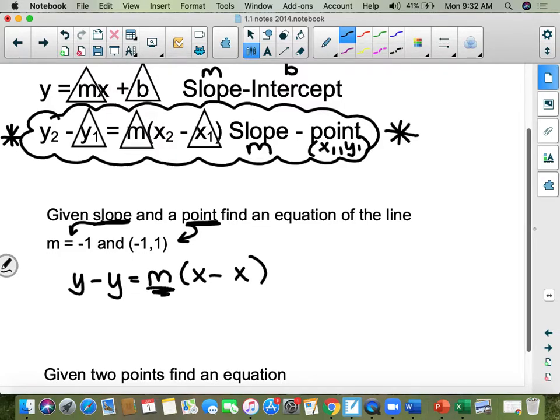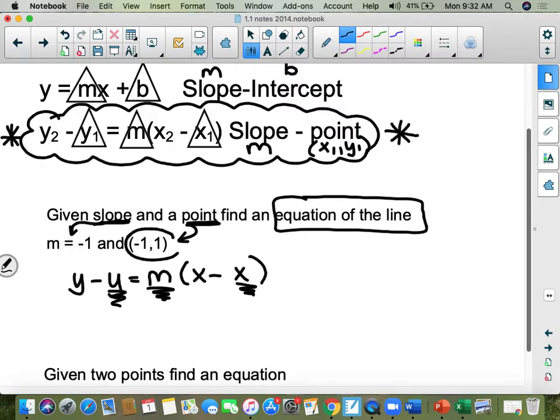I just know I need to fill in the m, the second x, and the second y. And that will give you the equation of the line that goes through this point and has this type of slope. So in place of m, I put a negative 1. In place of x, I'm going to put a negative 1. And in place of y, I'm going to put a 1.